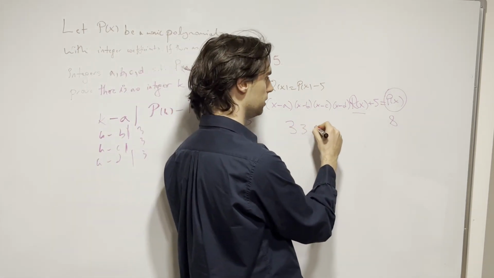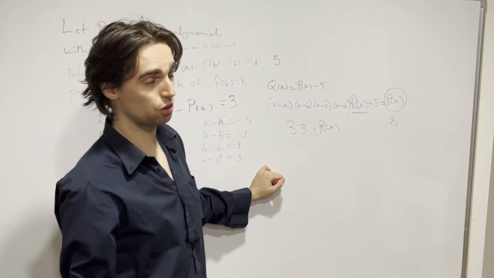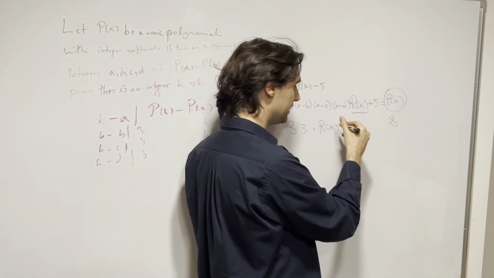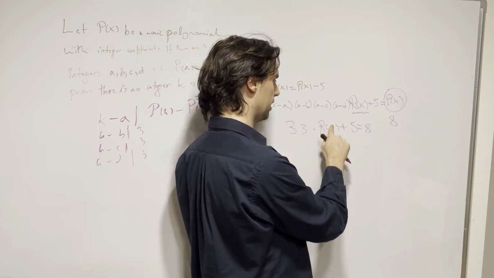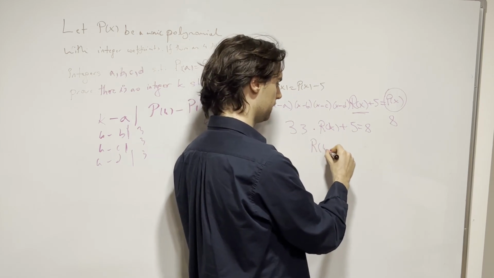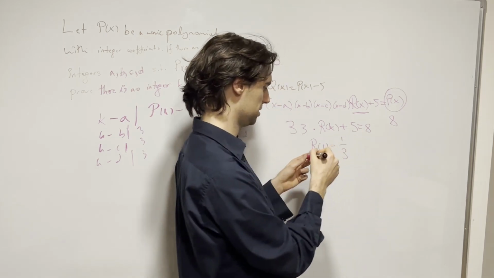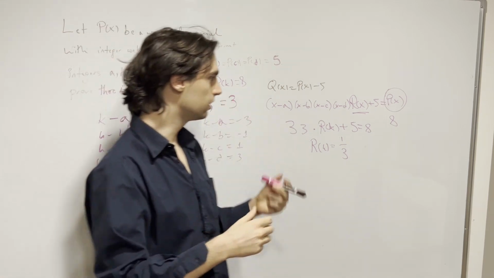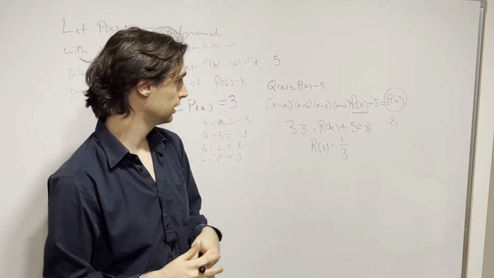So 3 times 3 times r of k, where r is also a polynomial with integer coefficients, and this plus 5 is equal to 8. And now r of k is equal to 1 over 3. And now this is a contradiction with r having integer coefficients.